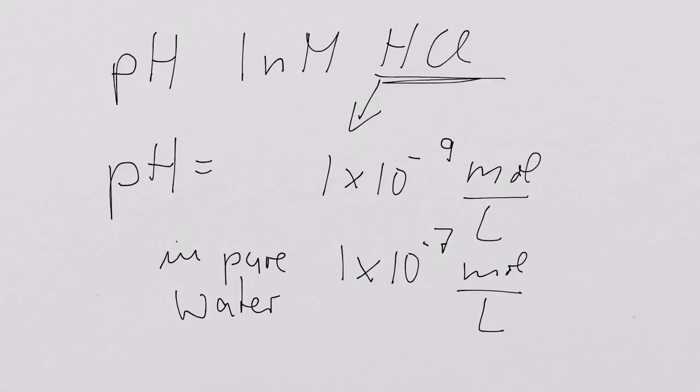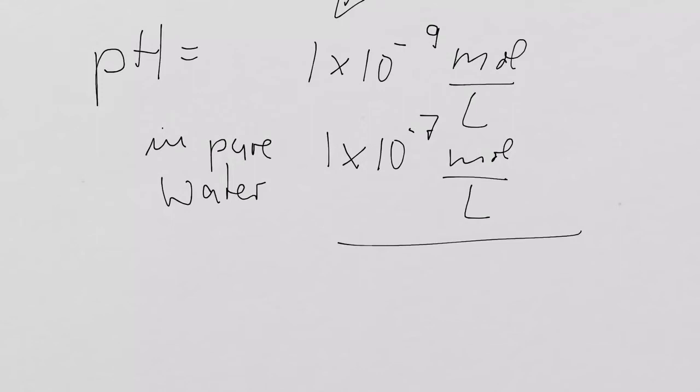So, in our pot, we have the protons from the acid, 1 times 10 to the minus 9 mole per liter, plus the protons from the pure water, 1 times 10 to the minus 7 mole per liter.